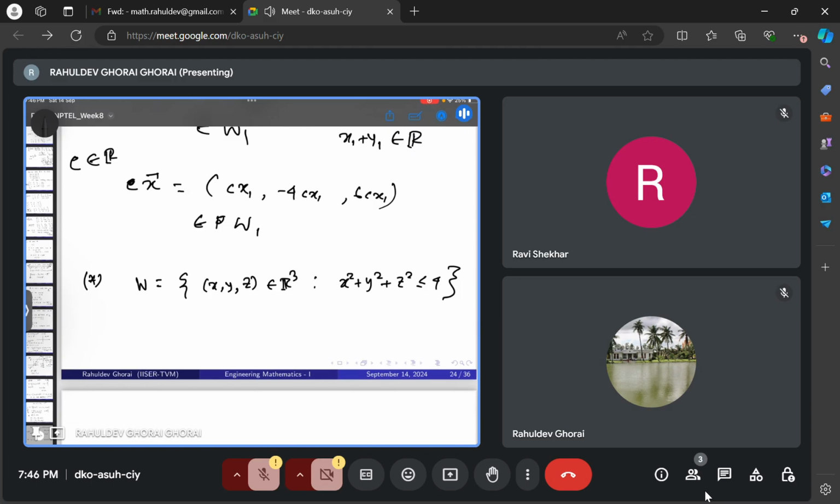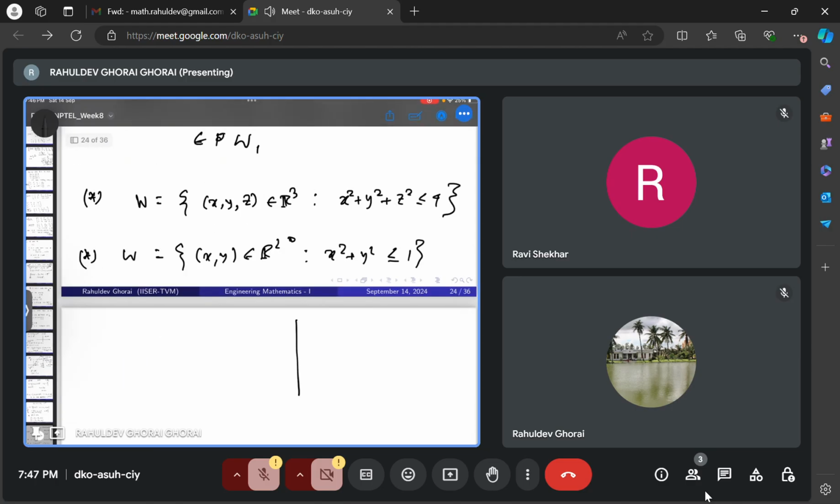And when you think in the geometric way, you can get the examples quickly. Similarly, take W in R2 such that x square plus y square is less than or equal to 1. Then this is nothing but a circle.